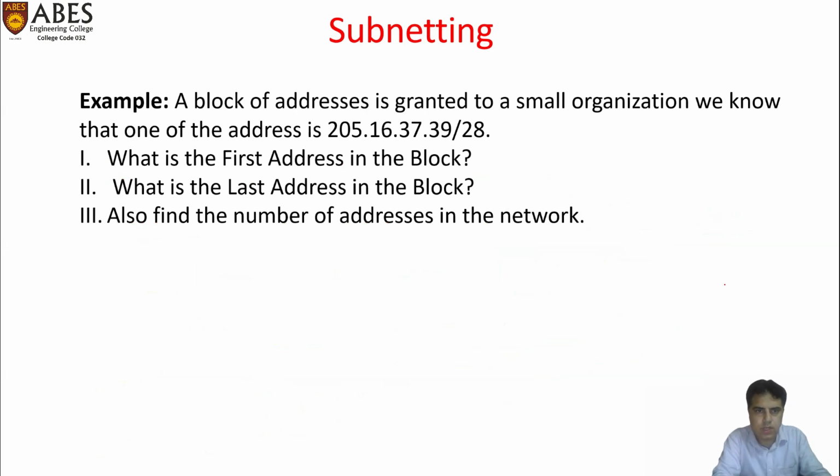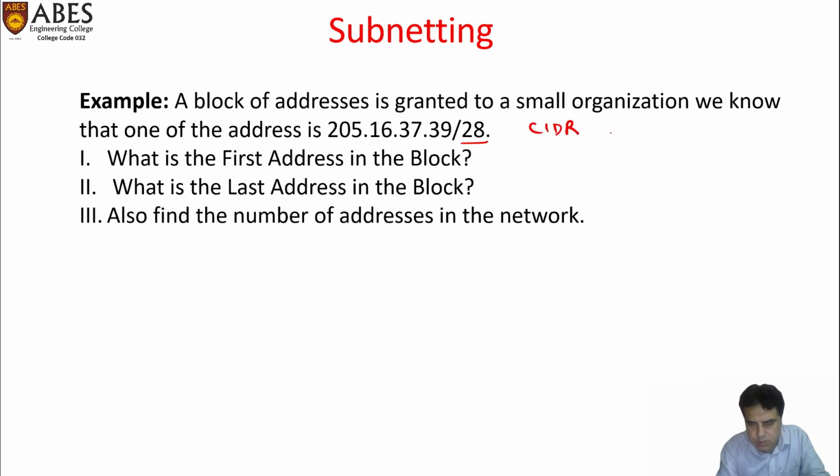Now the next example. A block of addresses is granted to a small organization. We know that one of the addresses is 205.16.37.39/28. This is the CIDR notation.